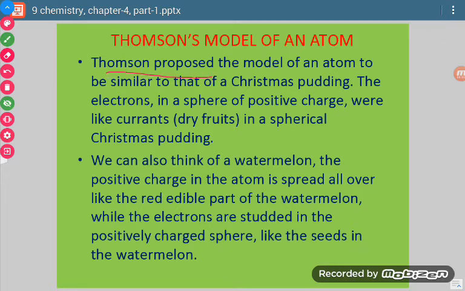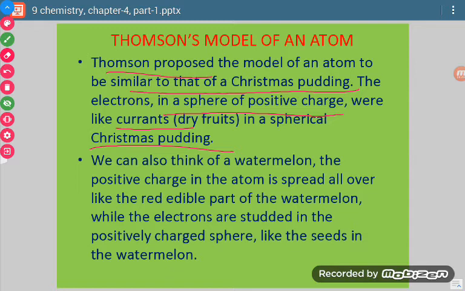Thomson said that the atom is similar to a Christmas pudding, just like a sweet dish which is prepared at Christmas. The electrons are in a sphere of positive charge. There is a sphere of positive charge, and electrons are like currants, meaning dry fruits, in a spherical Christmas pudding.